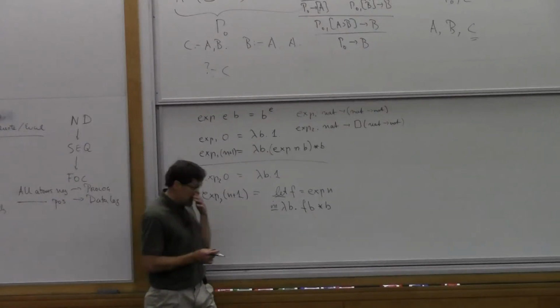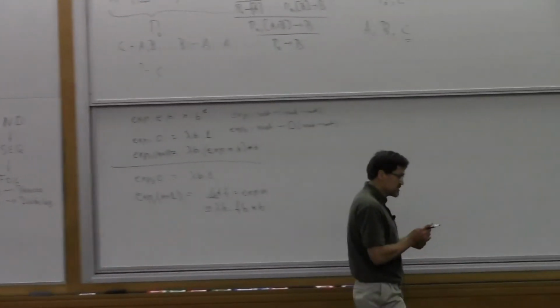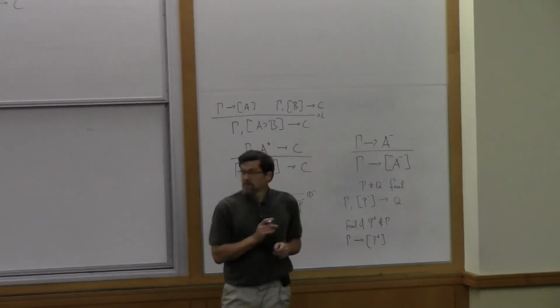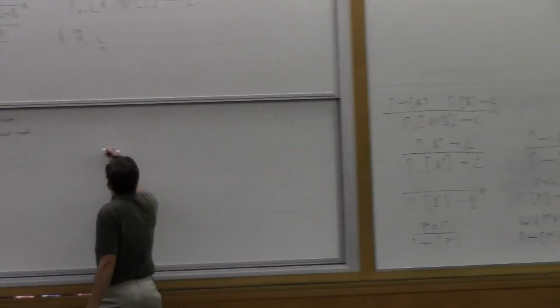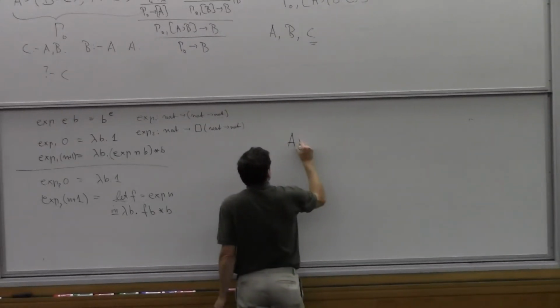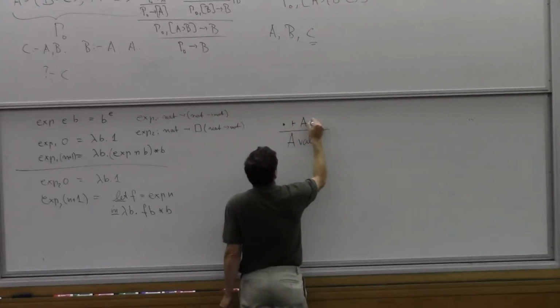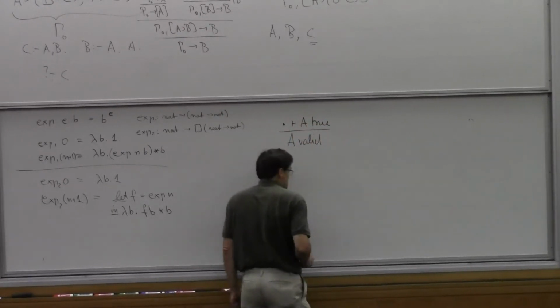Okay. Now, from the logical point of view, a closed expression is a theorem that doesn't depend on any assumptions. And so, from the logical point of view, what we say is A is valid if, without any assumption, you can prove that A is true. Okay.